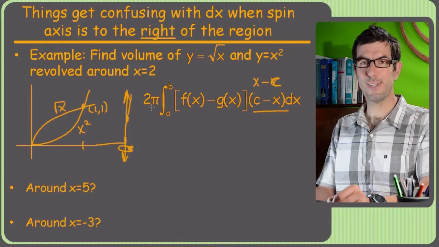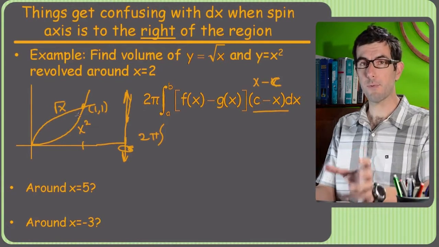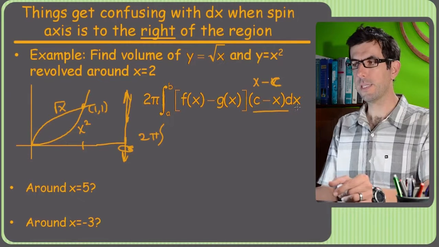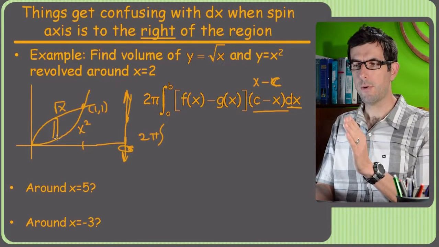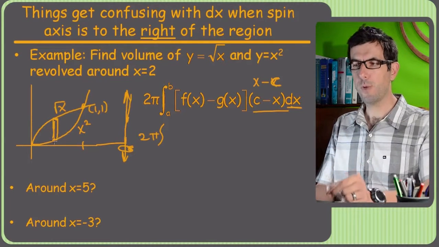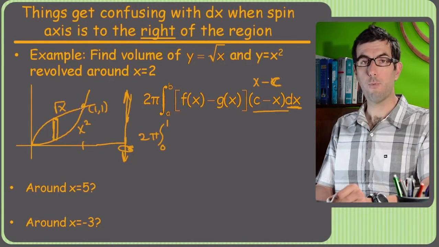All right, so let's plug and chug, shall we? Right through these things. All right, so we got 2 pi. Limits of integration are defined by the region, and now there's a dx problem because we have a vertical spin axis, and therefore we'll have a vertical represented rectangle whose little width is dx. So that's how we get a dx. And x seems to go from 0 to 1 for the region.